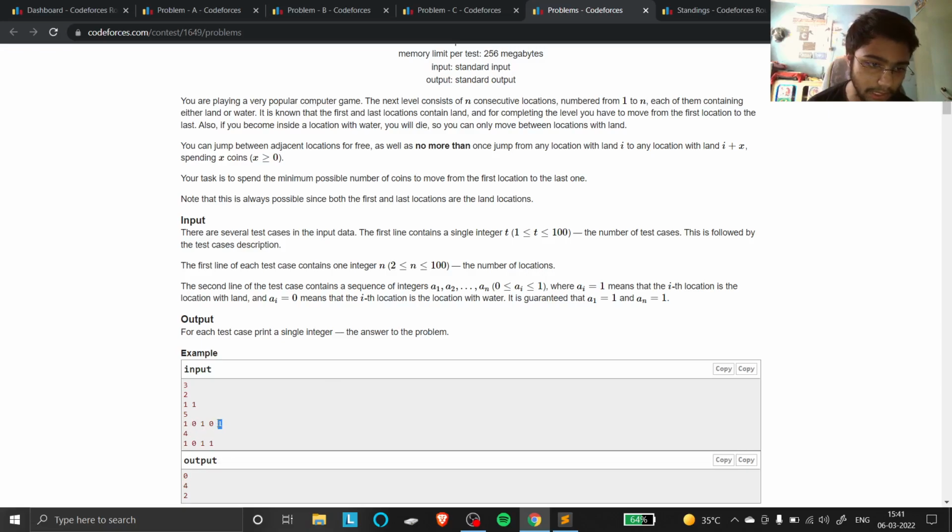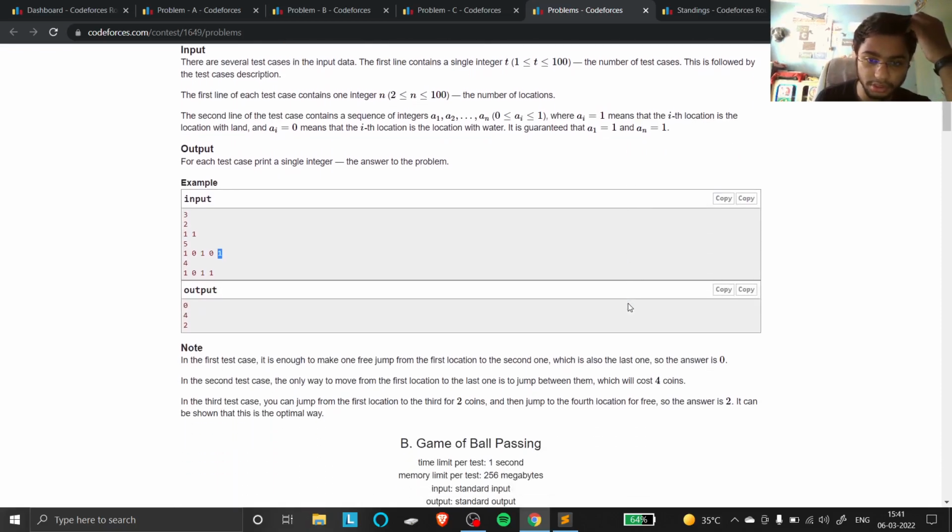First, second, third land it is. So while going from first to second location, spend, how many jumps are there? Two jumps are there, so they need to spend two. And from second to third location, they need to spend. I'm not able to get the question, what the question was saying.